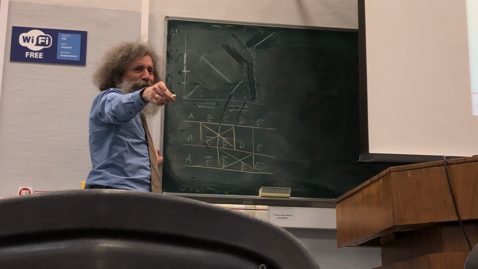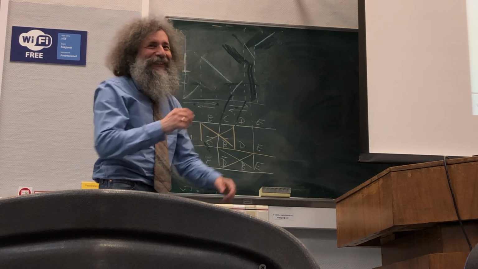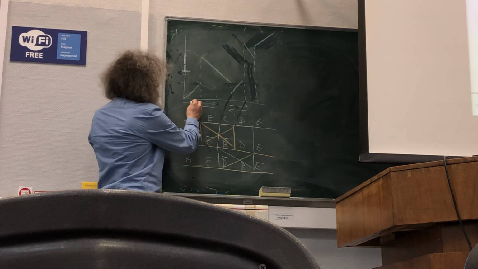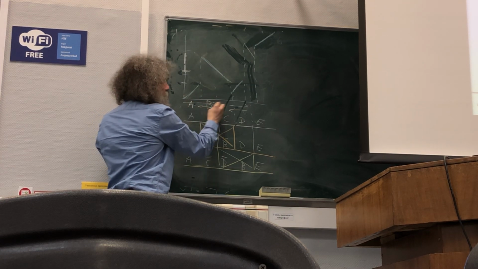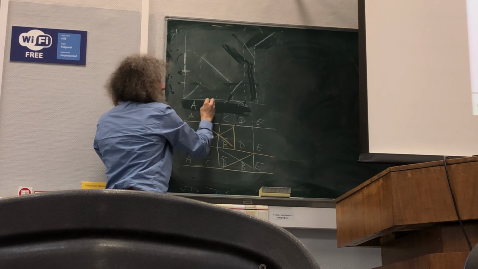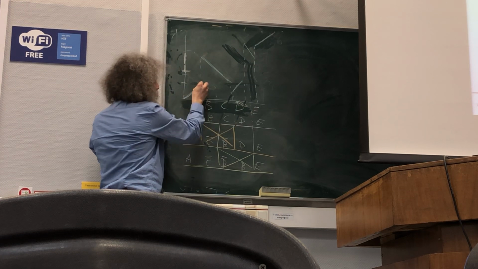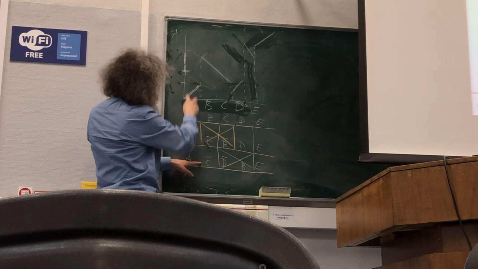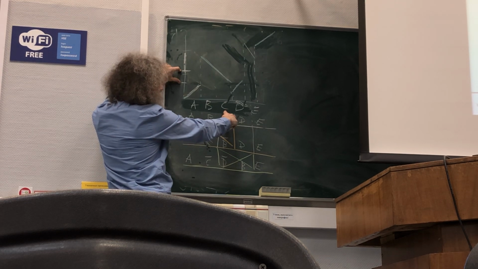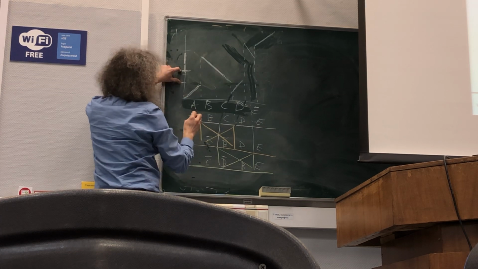Oh, I'm sorry, I forgot to let you draw. Anyhow, so when we have A, B, C, D, E here, we start with A. Then we have the region corresponding to inverted C, which is here, indeed.